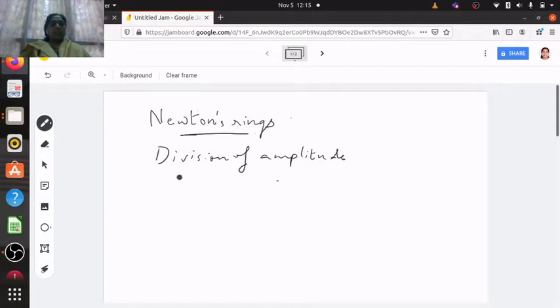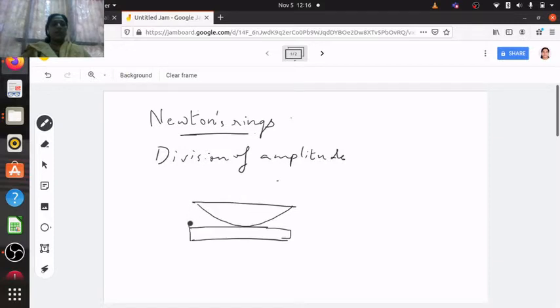So we have already said that Newton's rings are produced due to interference by partial reflection and refraction, and there will be a plain glass plate, over which there will be a convex lens. Its base is just in contact with the glass plate, and the interference is produced due to the rays reflected from the upper and lower surfaces.